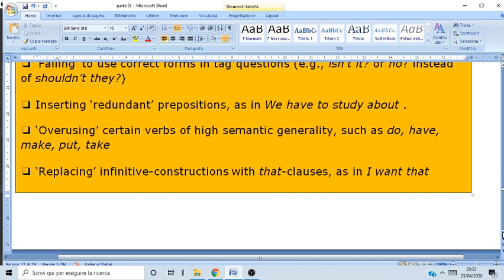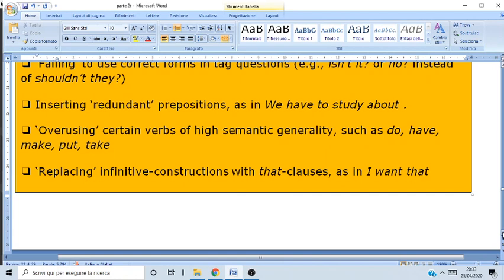Then, with prepositions. Prepositions are one of the most difficult things to deal with in any language, probably. And so it can happen that in English, when it's used as a lingua franca, they're used way too much.